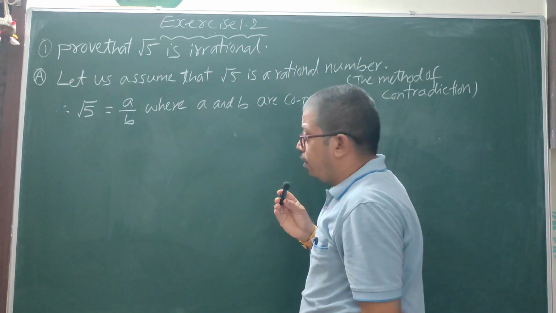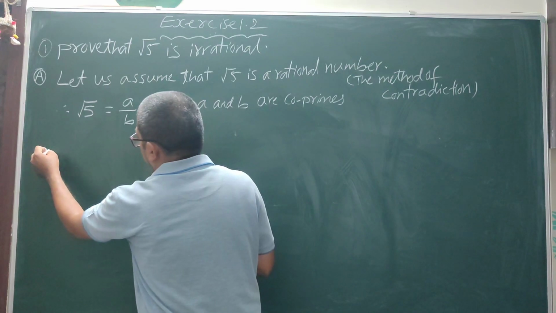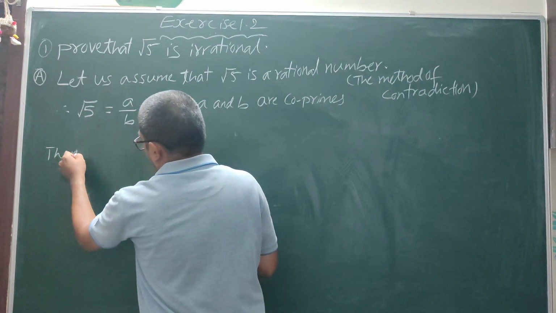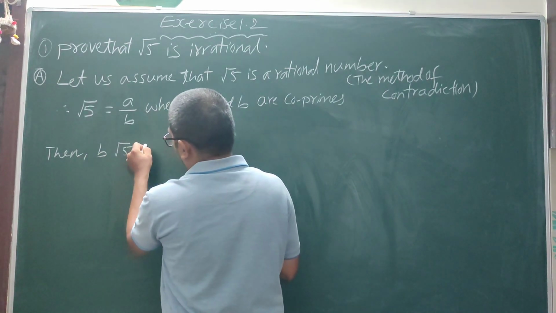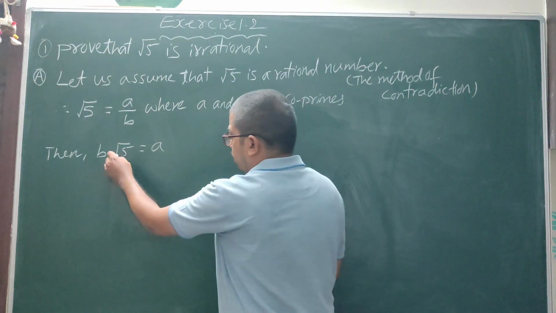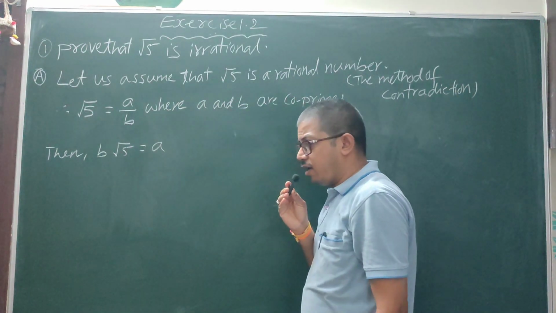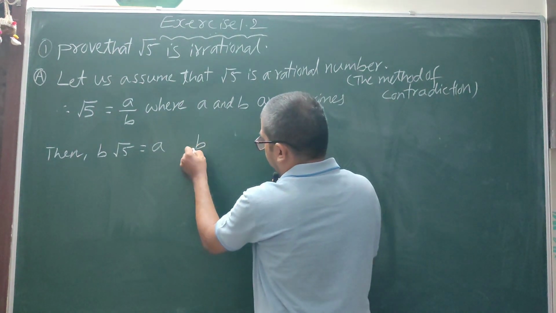Root 5 equal to a by b, then b into root 5 equal to a. See here, there is a lot of difference in writing like this.